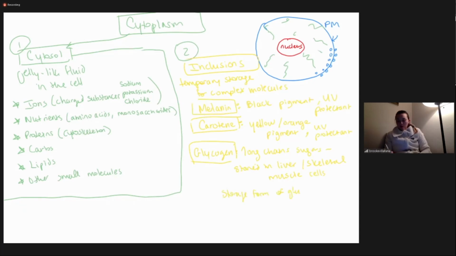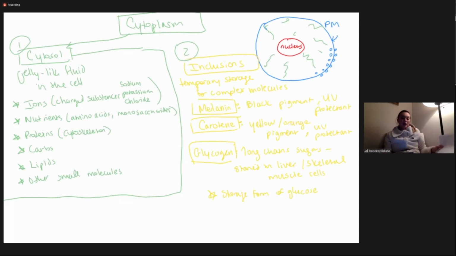So if you are starving, right, what your body does is it breaks down glycogen so that you can have access to glucose. Glucose is the only thing that your neurons run on. So your brain only runs on glucose. So glycogen would be the storage form of glucose.